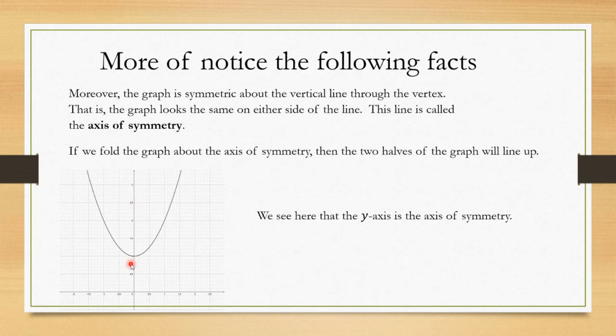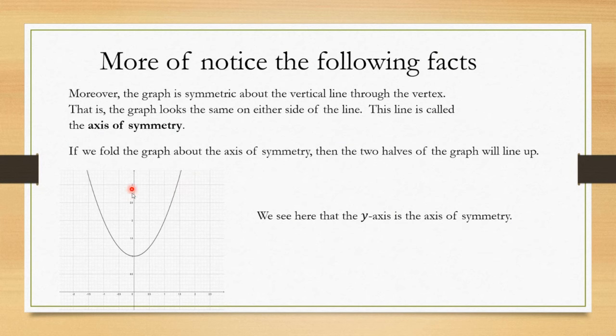And if you were to do that, both halves would line up exactly. They would fold over each other. In other words, you could think of the y-axis as like a mirror, and on the left side, that's the mirror reflection of the right side. They're mirror reflections of each other. Or in other words, they're symmetric about the y-axis.